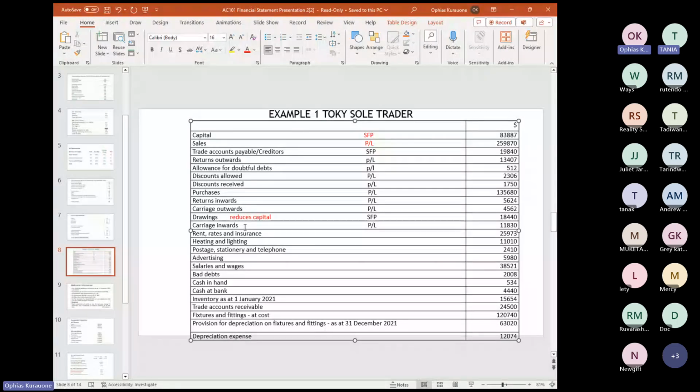Carriage inwards goes under the trading account.